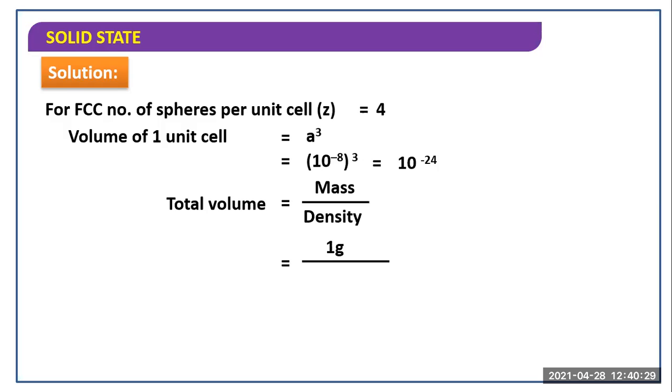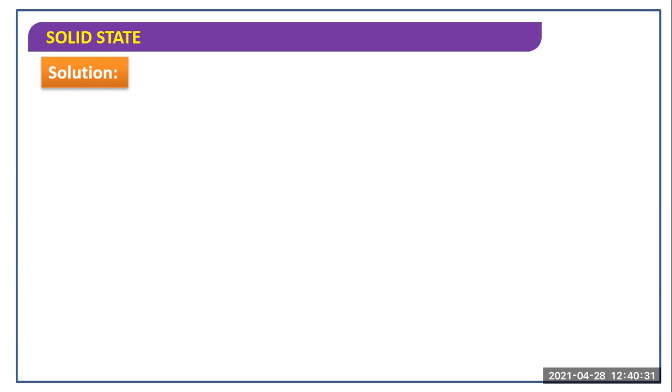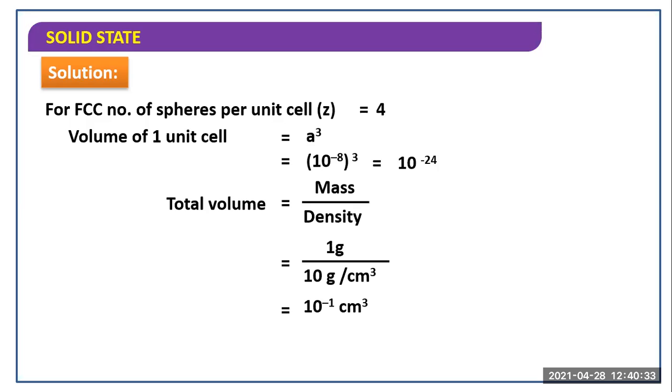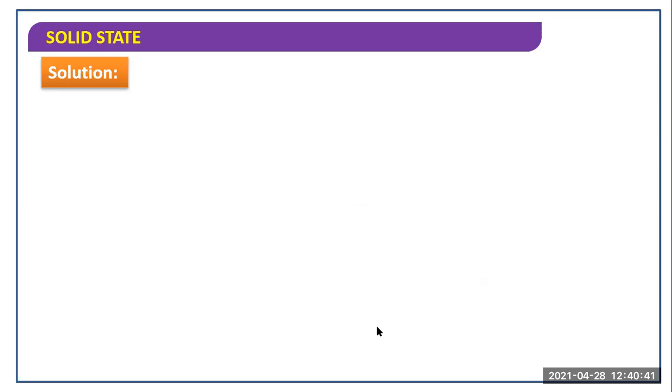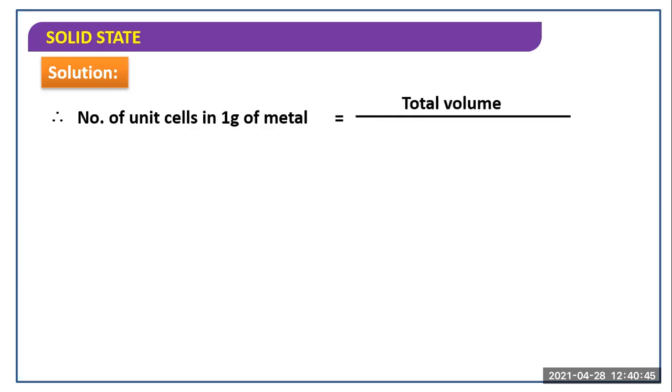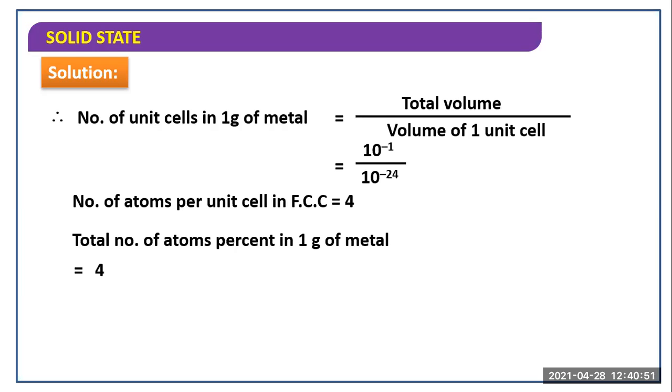So mass by density equals total volume. If 1 gram is there and density is there, then total volume is 0.1 centimeter cube. The number of unit cells in 1 gram of the metal is total volume divided by the volume of 1 unit cell.